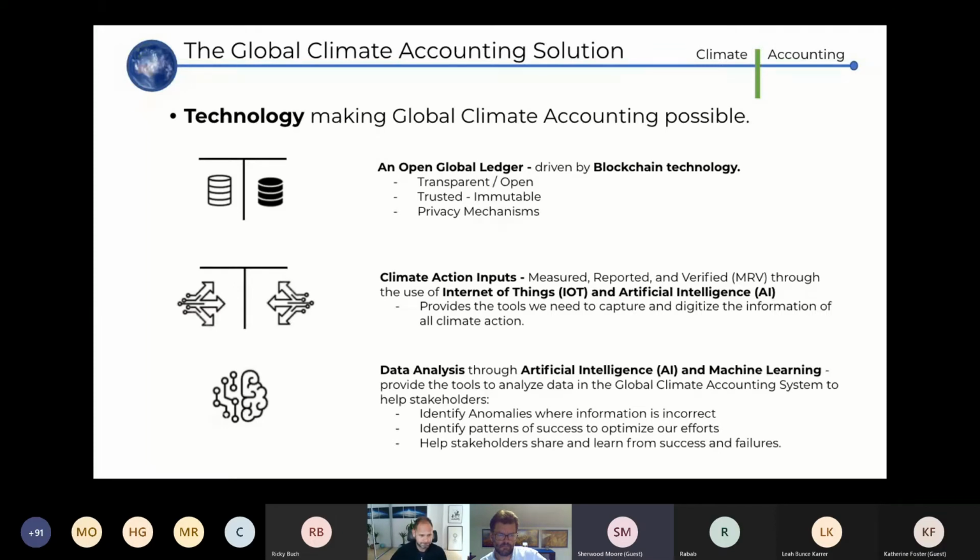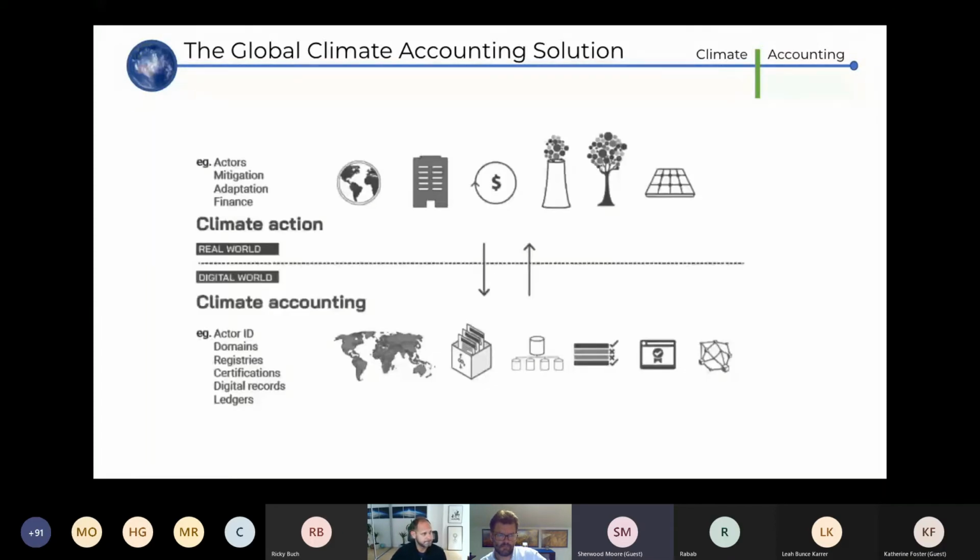So ultimately, what I'm describing is the tool that we need to digitize the climate challenge and bring it into a digital world. So all the different actors and the climate actions, from mitigation to adaptation to finance, can be captured and converted into actor IDs, domains, registries, certifications, digital records, and ledgers.